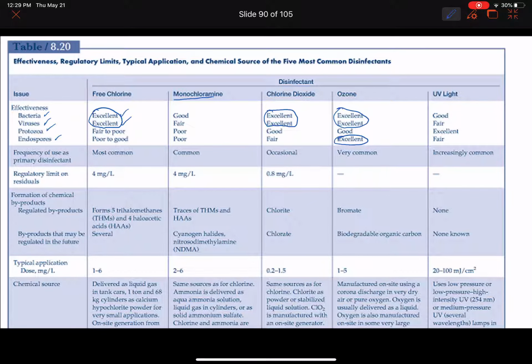Now, there is a problem here, that there is a formation of chemical byproducts. You're adding a disinfectant, and something bad is being created. Yes, it's killing the pathogens, but it's also creating a harmful byproduct. Let's look at the regulated byproducts. Free chlorine will form trihalomethanes, THMs, and haloacetic acids, HAAs.